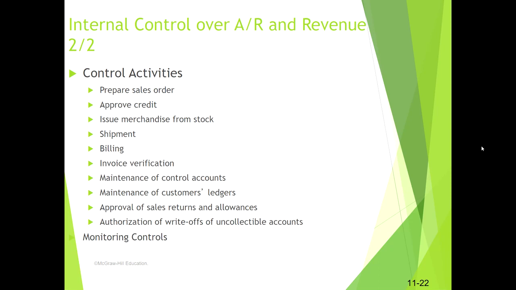And so there are different steps in the control activities, as far as approving credit and when you actually create an invoice, which should be after you ship it or after you substantially complete whatever requirements you have, right? That really gets to the revenue recognition piece. And then we have things like authorization of write-offs of uncollectible accounts. So this is the meat of where the revenue control activities differ from the other areas.